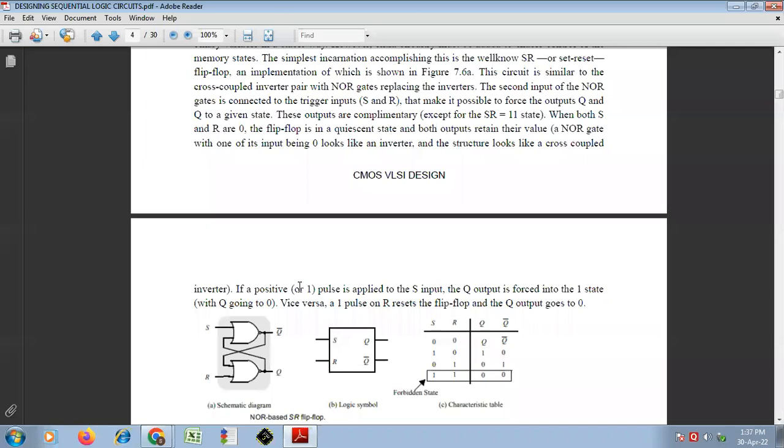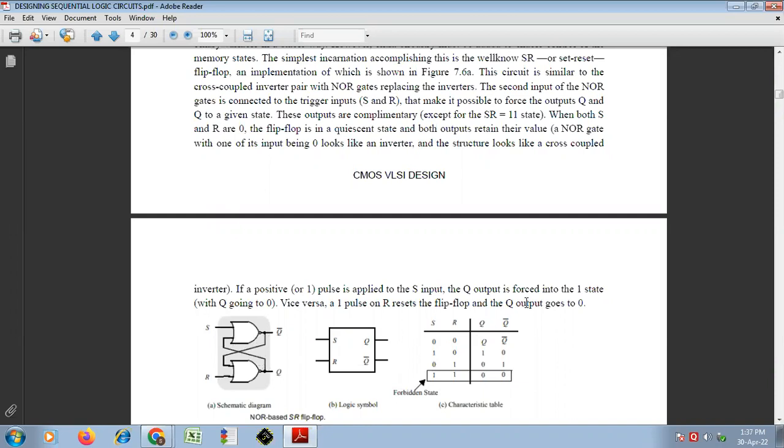The second input of each NOR gate is connected to the trigger input, that is S and R. This trigger input makes it possible to force the outputs Q and Q bar to a given state.